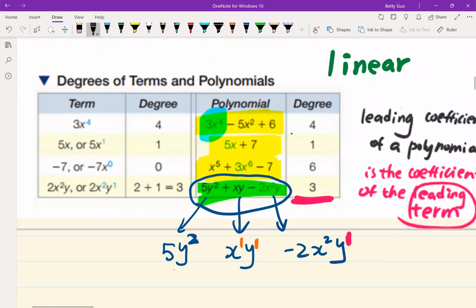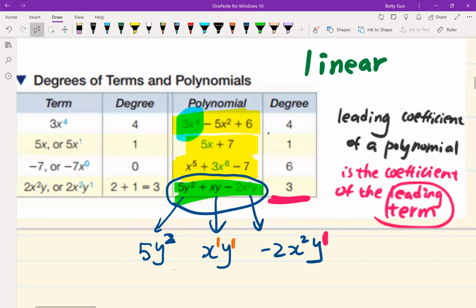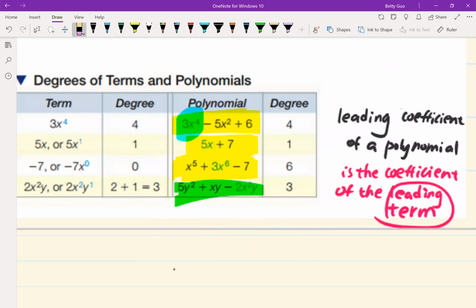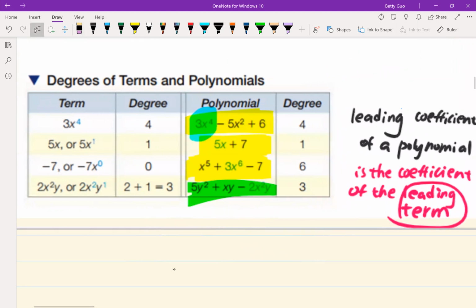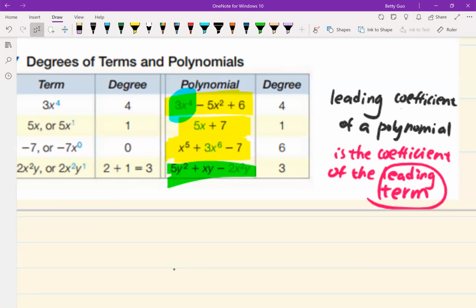All right, let's look at this table. We're going to explain 2 concepts for a polynomial: the leading coefficient of a polynomial and the leading term of a polynomial.